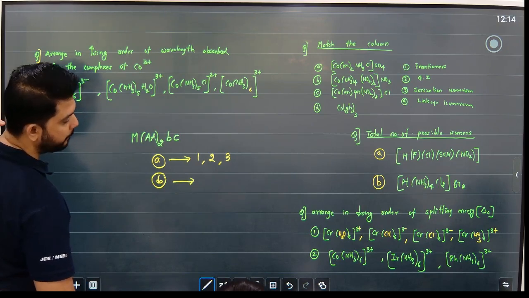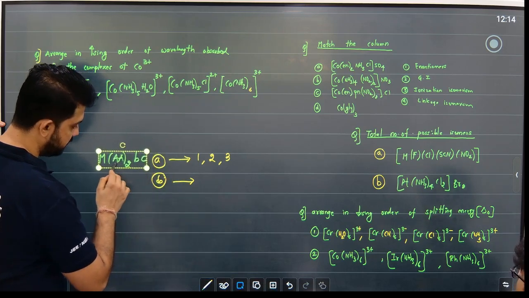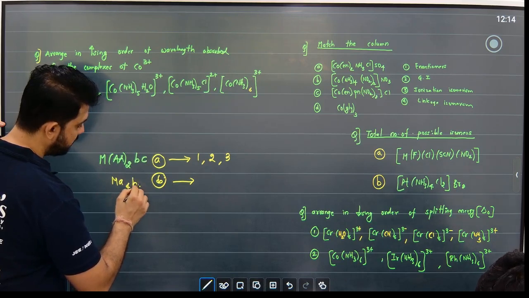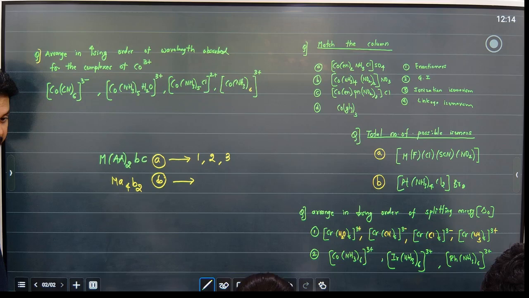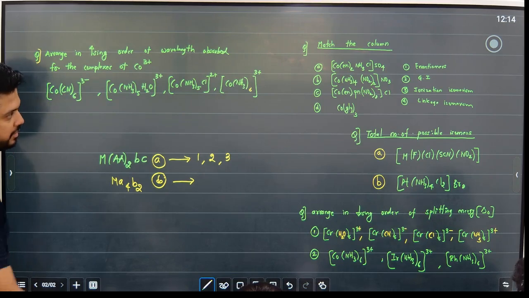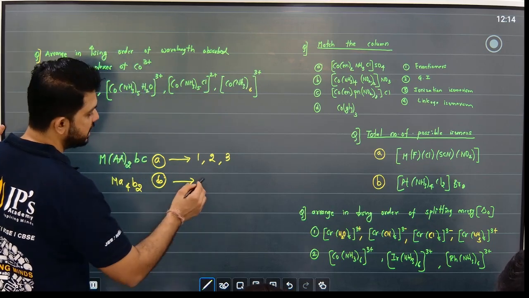And then next, try the B one. M A4 B2. Is M A4 B2 optically active or optically inactive, people? Inactive. Since it is optically inactive, will it show enantiomers? No. But will it show GI? Yes.